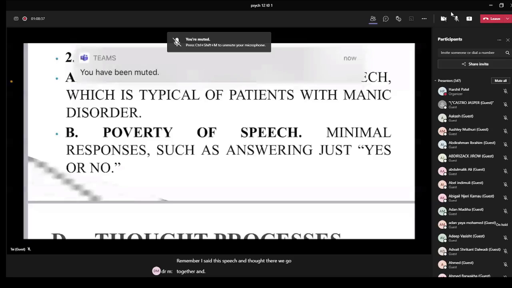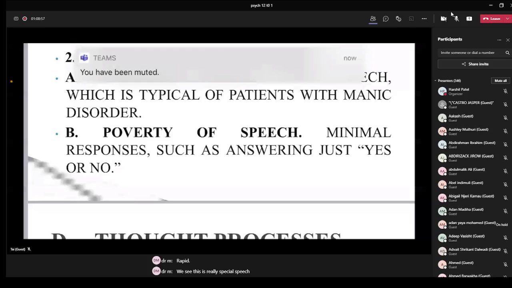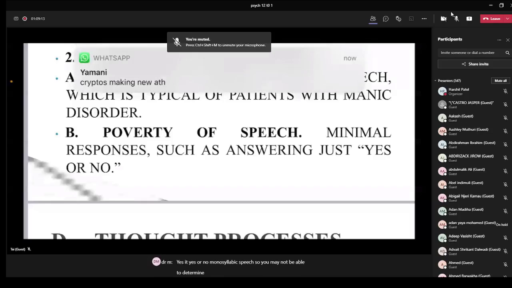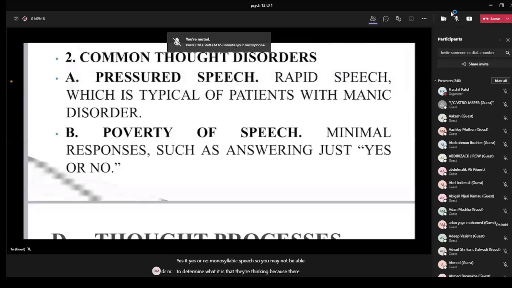Number one, note the speed at which the person is talking. Is the speech rapid? We say there's pressure of speech. Sometimes there is poverty of speech. In other words, they produce very minimal responses. A good example is when you ask them questions, they just say yes or no, monosyllabic speech. So you may not be able to determine what it is that they are thinking because they're hardly talking.